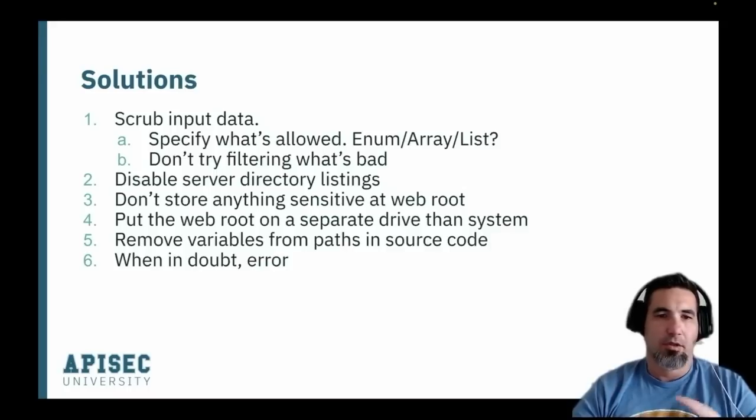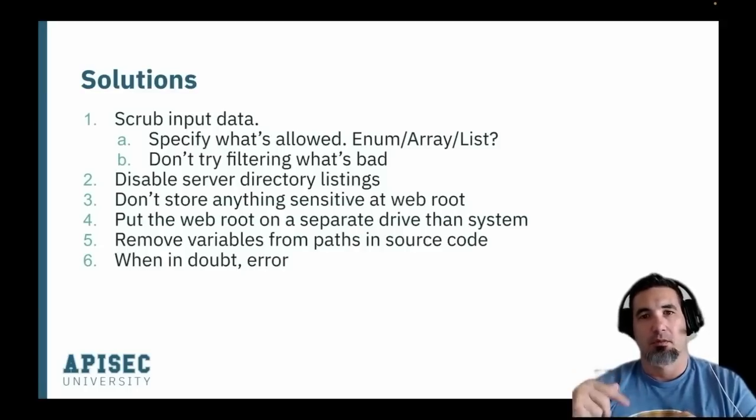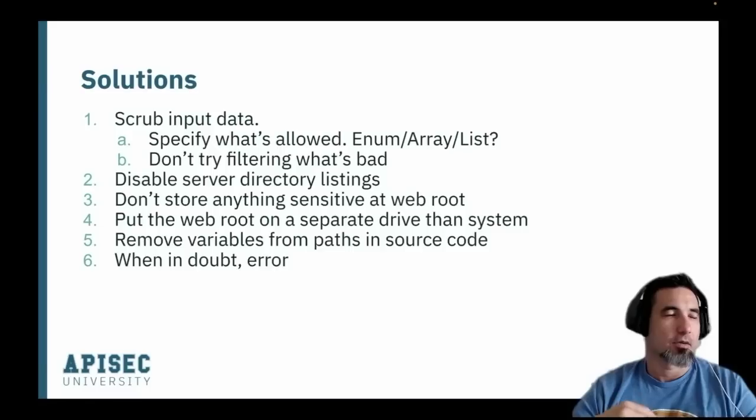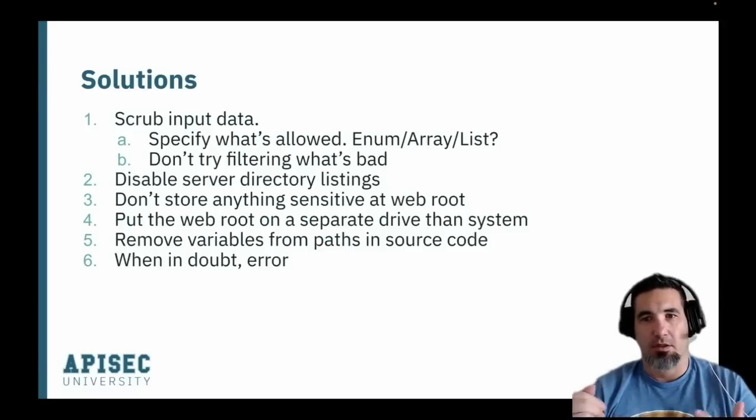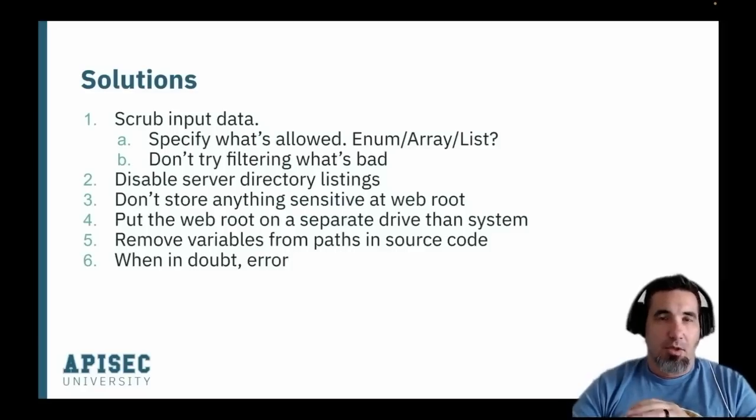Don't ever assume that you're filtering so well that they can never be accessed. To go a step further, you could put your web root on a completely separate drive. That way, if they were somehow able to traverse directories up, it's not going to get them anywhere, because they would need to change drives in order to get to that location. You definitely want to remove variables from paths in your source code if you are able to.